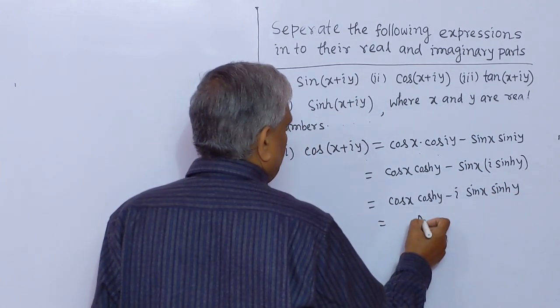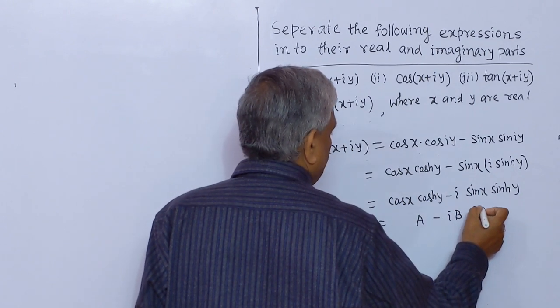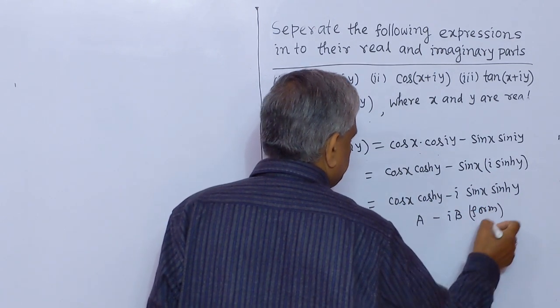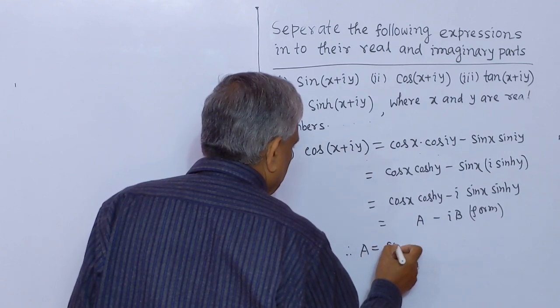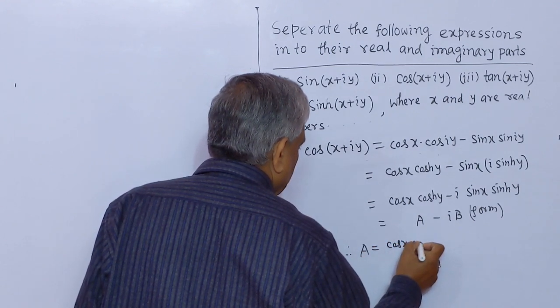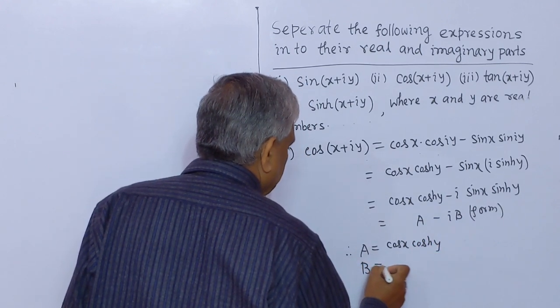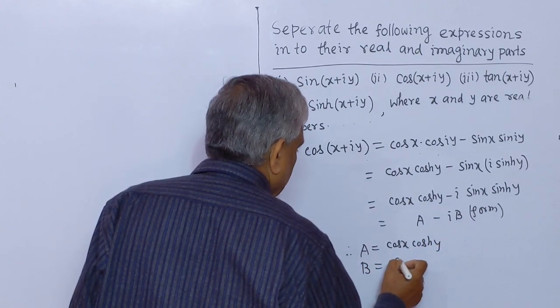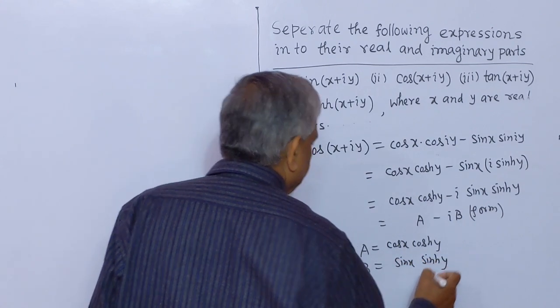This is a minus ib form. Therefore a equal to cos x cosh y, b equal to sin x sinh y.